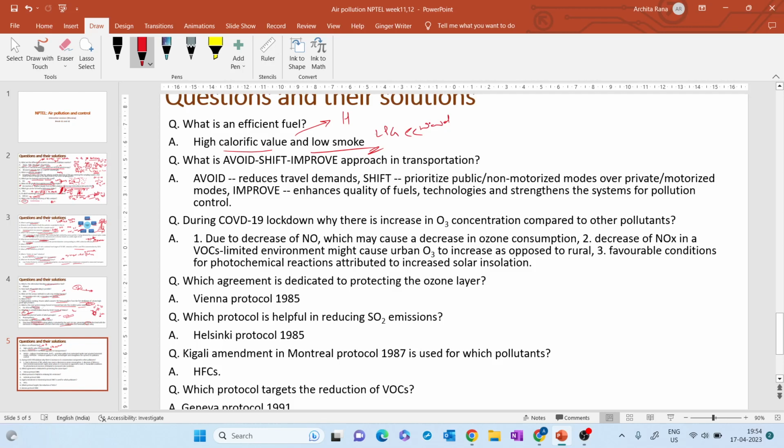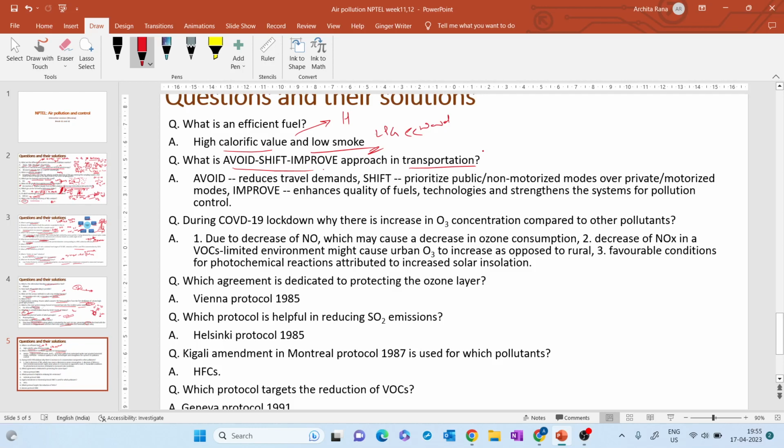Next, this is simple: the avoid, shift, improve approach in transportation. Avoid is that you avoid a lot of traveling. Shift means that if you are traveling by your personal car, then try to go by public transport or by e-vehicles.